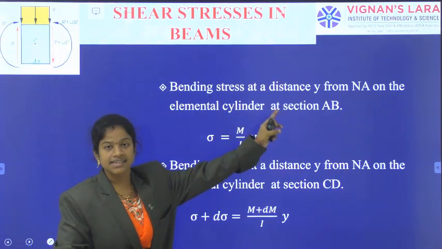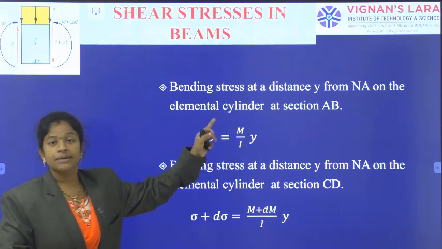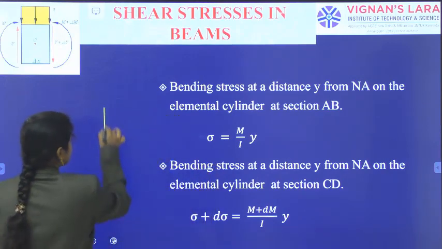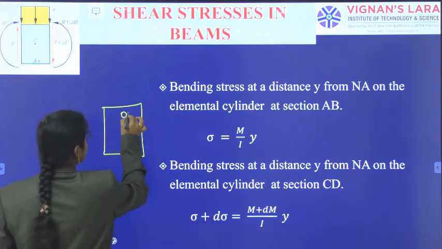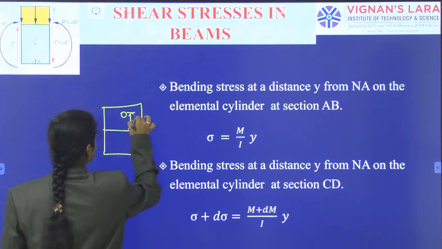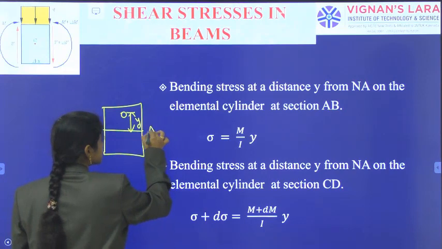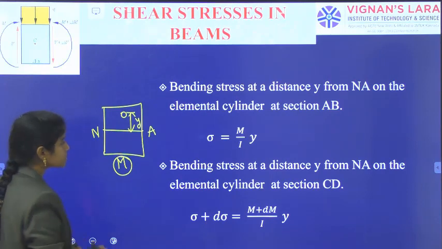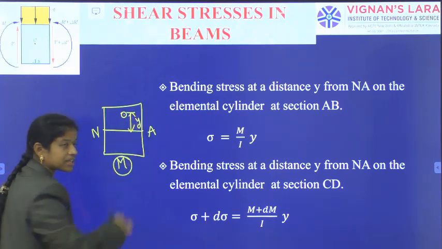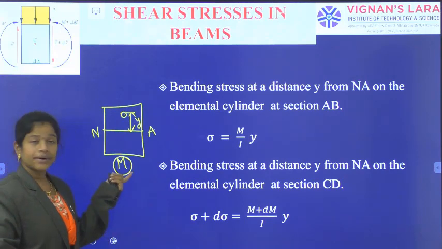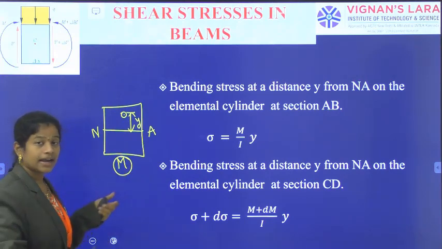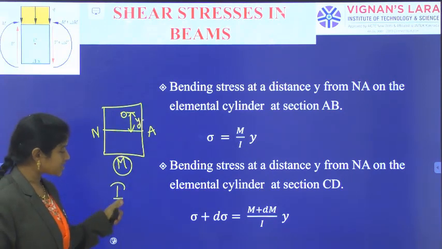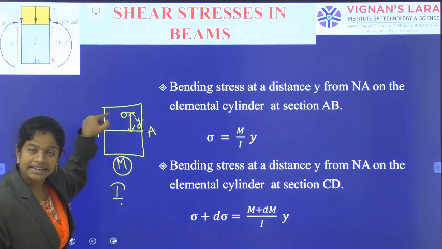Bending stress at a distance y from the neutral axis on the elemental cylinder at the section AB. Just now we have said the AB section is there and the cylindrical element is at a distance y from the neutral axis, and this section AB has the bending moment M. The distance of the point from the neutral axis is y, the bending moment is capital M, and the overall moment of inertia of the section we have indicated as I. Now for this combination, can I calculate the bending stress acting at the point?